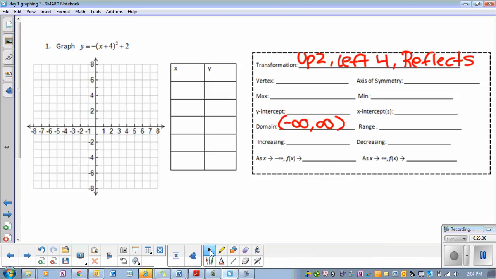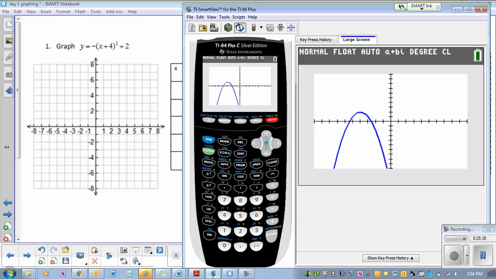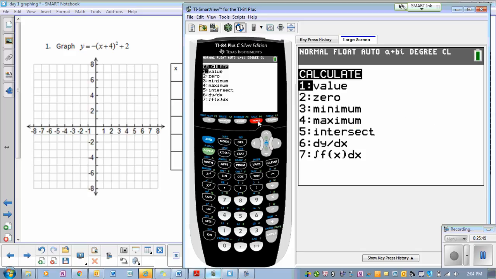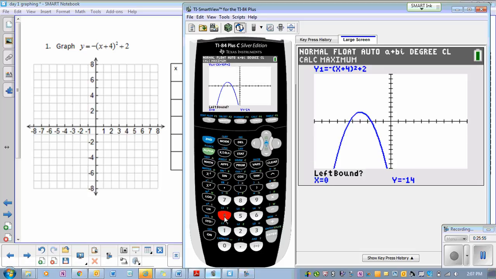So if I go back to my calculator, look at that. Does it have a max or a min? Max. Okay. So we have to go to second trace. So we want to hit maximum. And where's my blinking bob? Well, if I look at this, my x is at 0 and y is at negative 14.